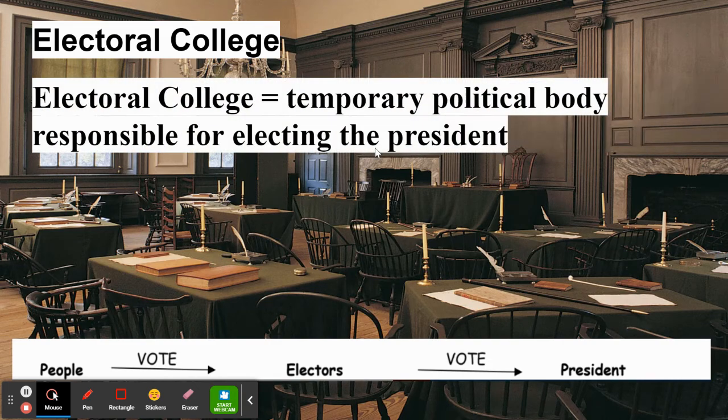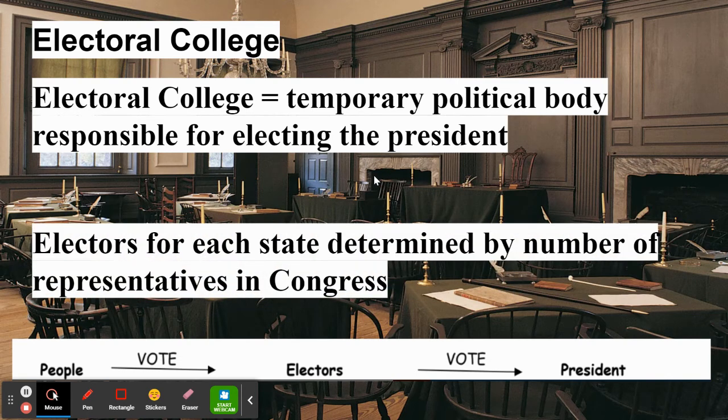And what the Electoral College is, it is a temporary political body that is responsible for electing the president. The members of the Electoral College are called electors. The number of electors for each state was determined by the number of representatives in Congress.